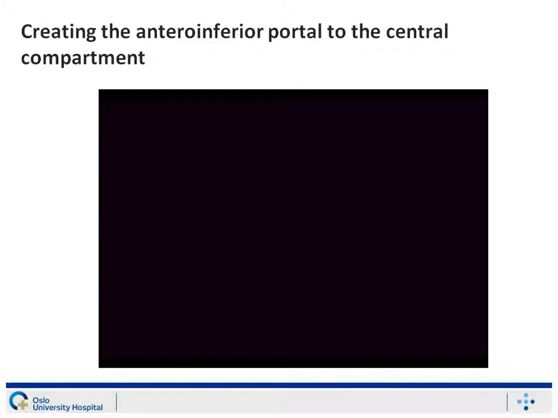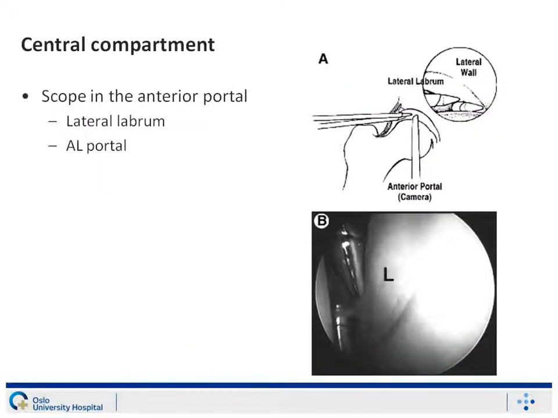So if you don't have this picture after you have introduced the scope, I would recommend you to reintroduce your scope until you have this picture and then move on. When you're in the central compartment, you have a little bit different views if you look at it from the anterolateral portal or the anterior portal or the anterodistal portal, as we often use when we are in the supine position.